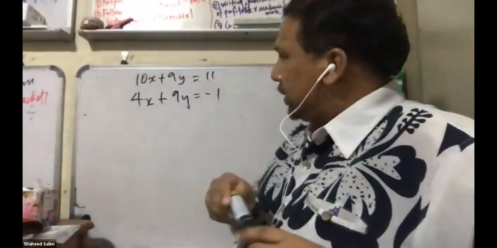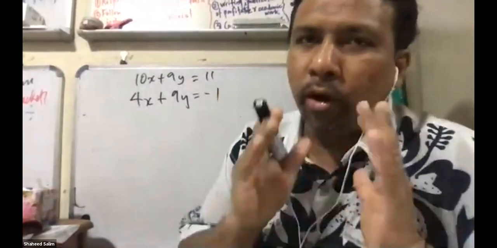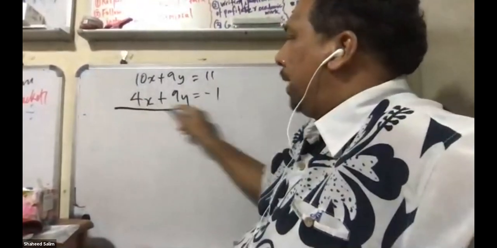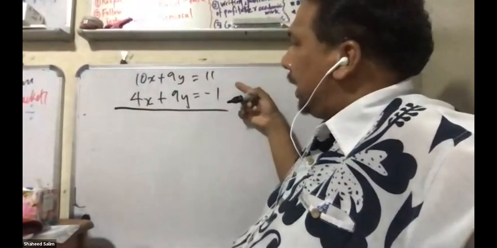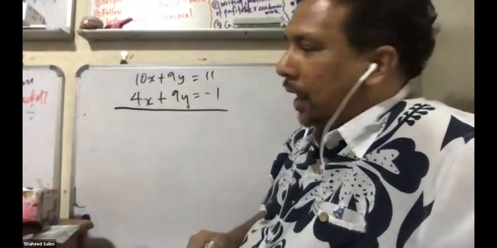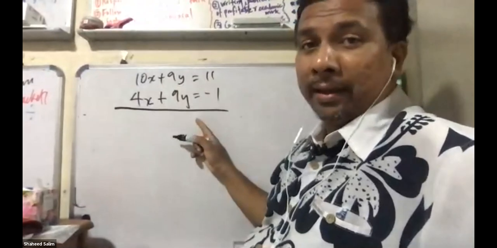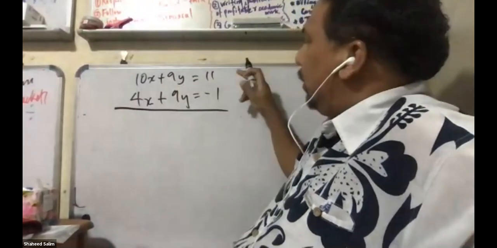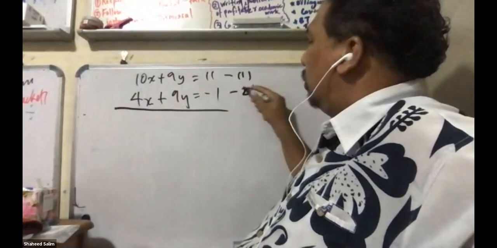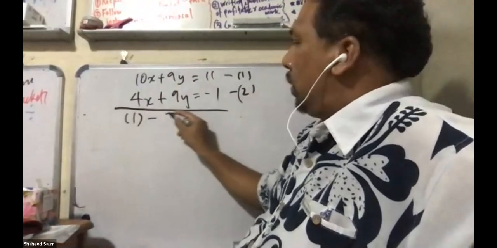In fact, with this method, you remember the whole objective is to get rid of one of them, either x or y. In this case, if I take the top minus the bottom, can you see that I can also get rid of the y? This one is equation 1, equation 2. I take equation 1 minus 2.